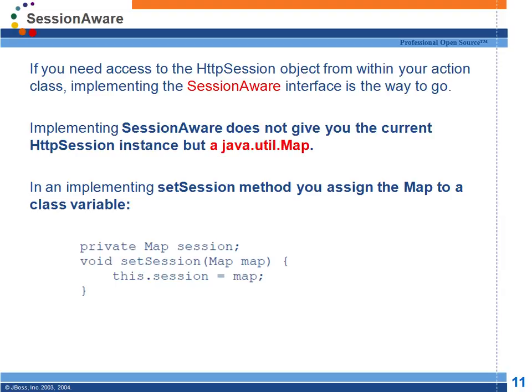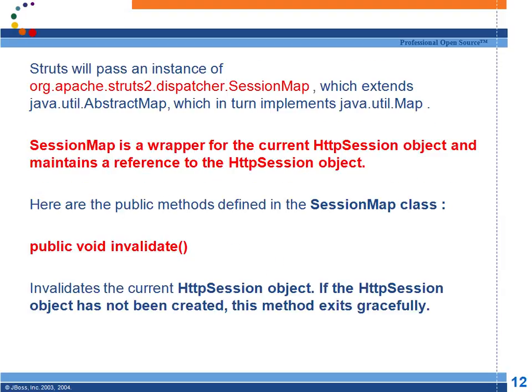In the implementation, the setSession method which we assign like this would be written like this. Struts will pass an instance of SessionMap, which extends Java's AbstractMap, which is internally implementing Map.